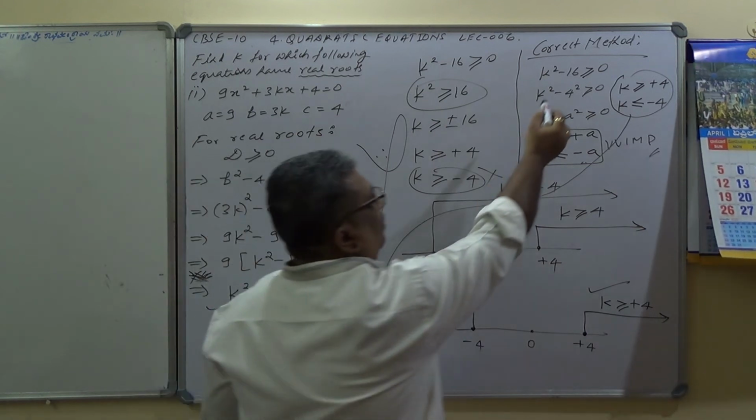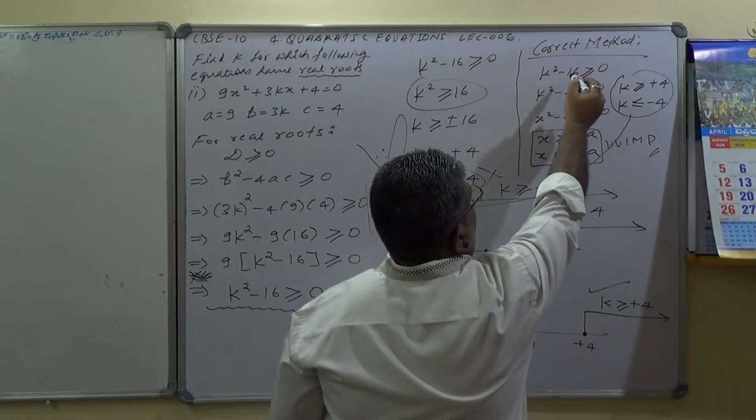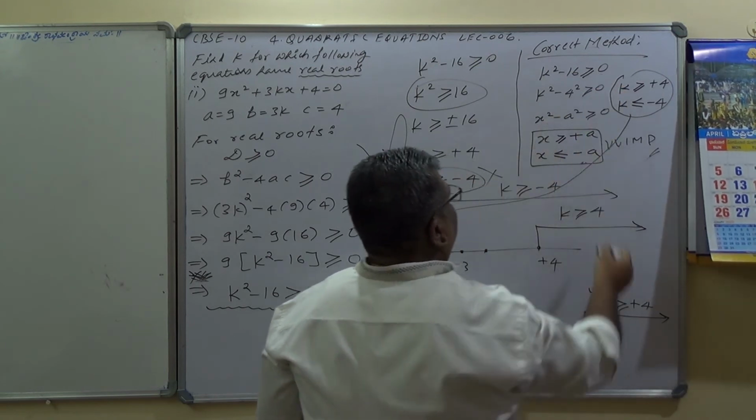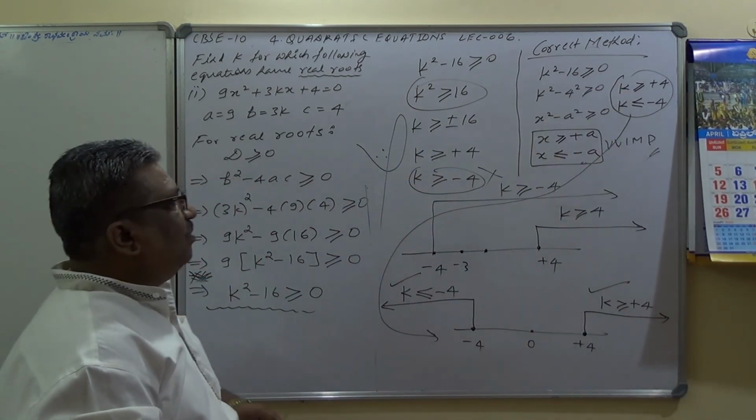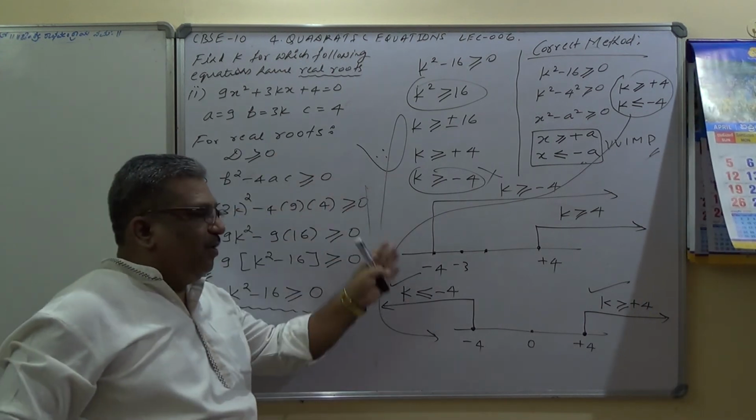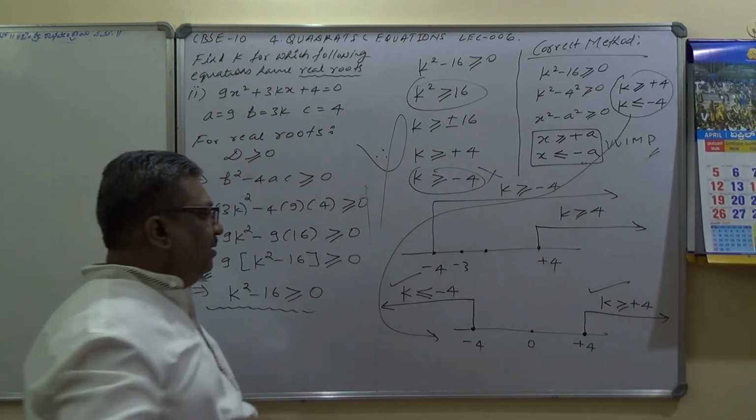So whenever you get k square minus some number greater than or equal to 0, this is how we need to solve. So finally I will solve this once again. I will erase everything now. I hope you are understanding.